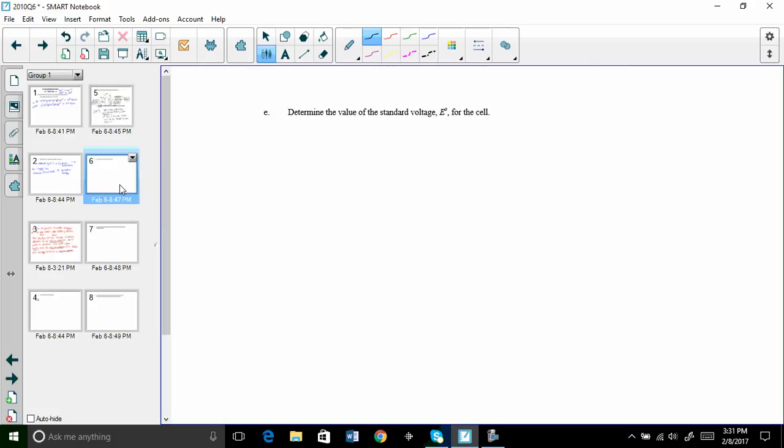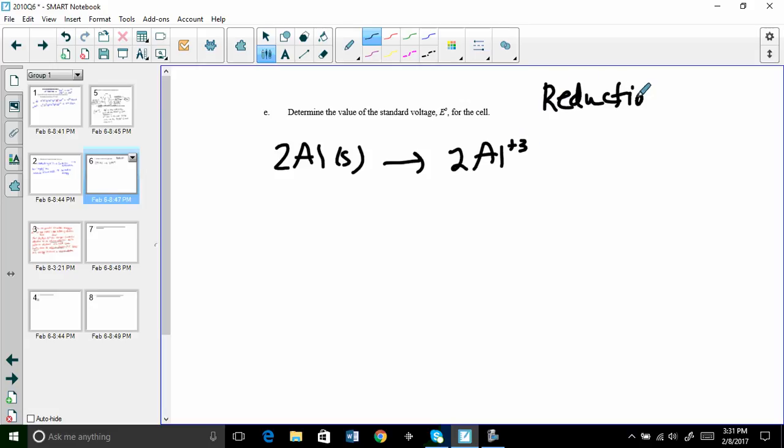All right, next slide. What is the value of E for the cell? So what you have to do is go to your sheet, which I don't have put up. We don't do the states, but let me just tell you. This is oxidation. Back in 2010, the reduction potential table was one of the sheets, and these are reduction potentials.